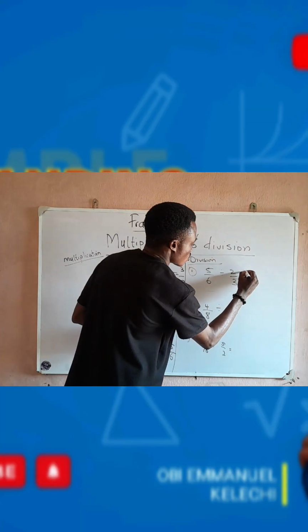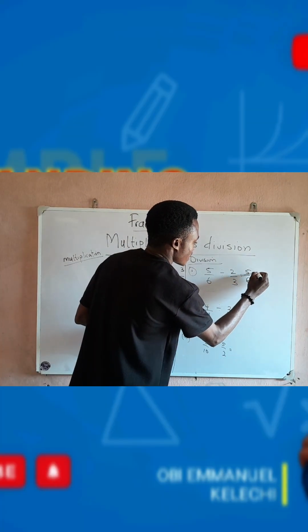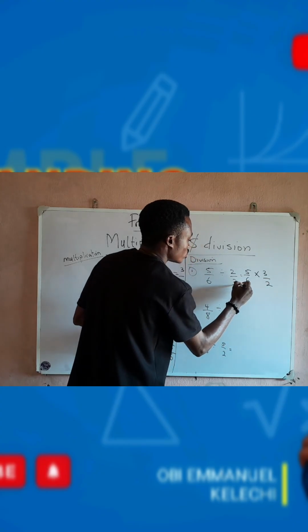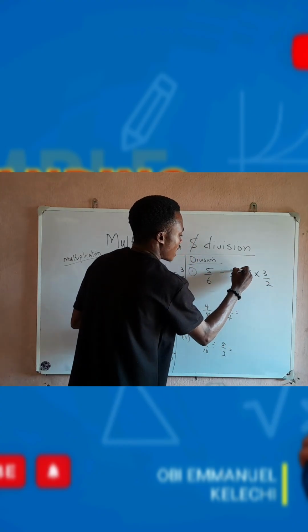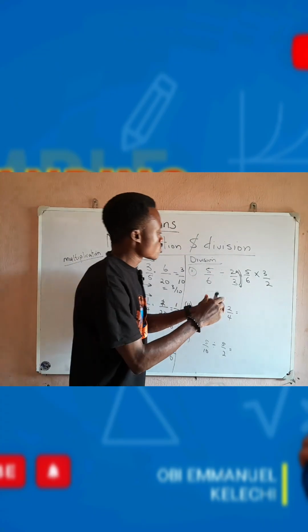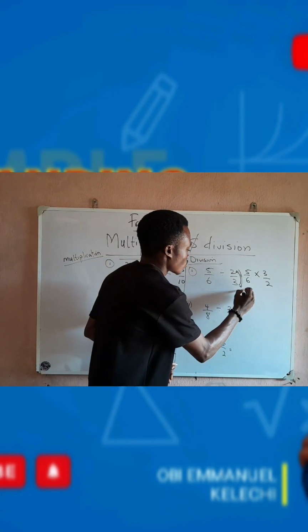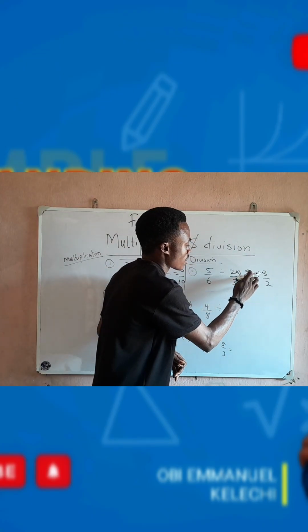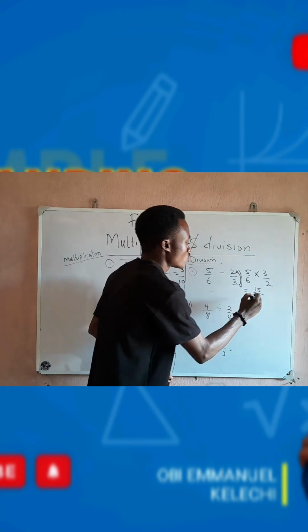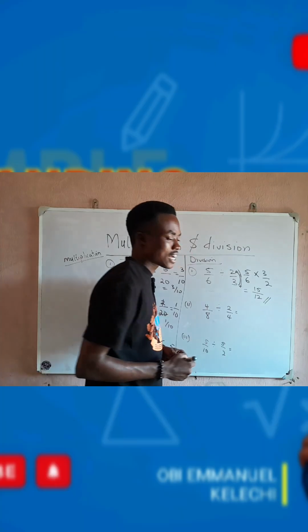Example, it is going to be 5 over 6 times 3 over 2. So this will go up and this will come down. You will now multiply it, which is equal to 5 times 3, 15, over 6 times 2, which is 12, which is the final answer.